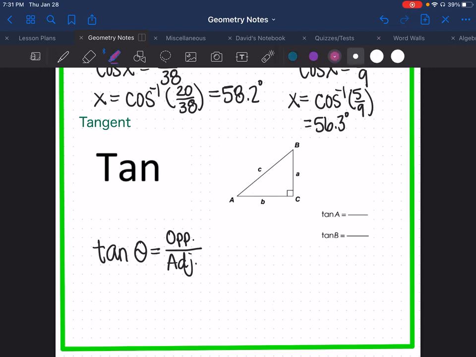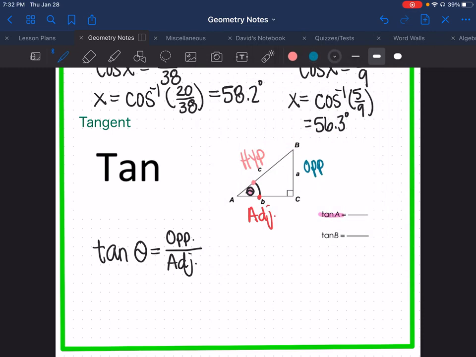Let's put my theta here at A. If I do my arc mark, here is my hypotenuse. Here is my adjacent. And here is my opposite.